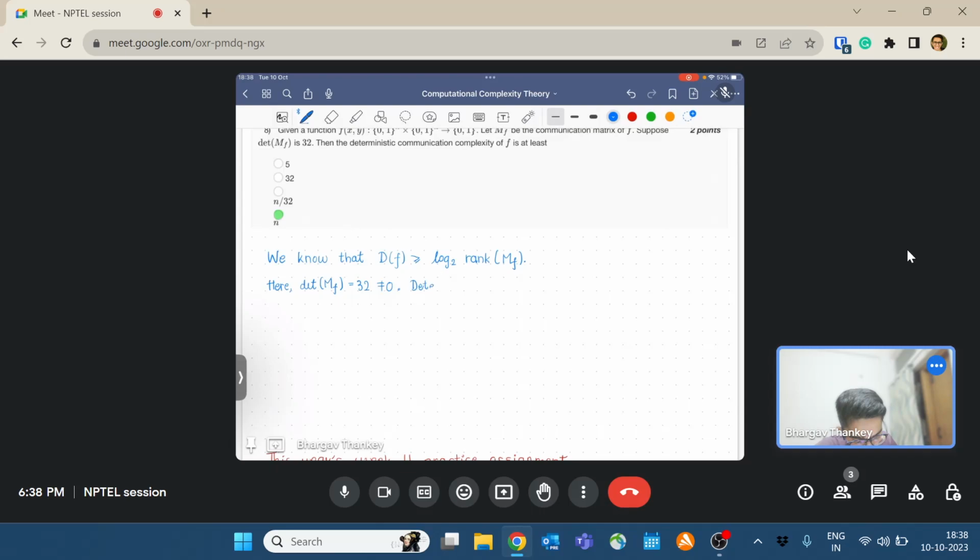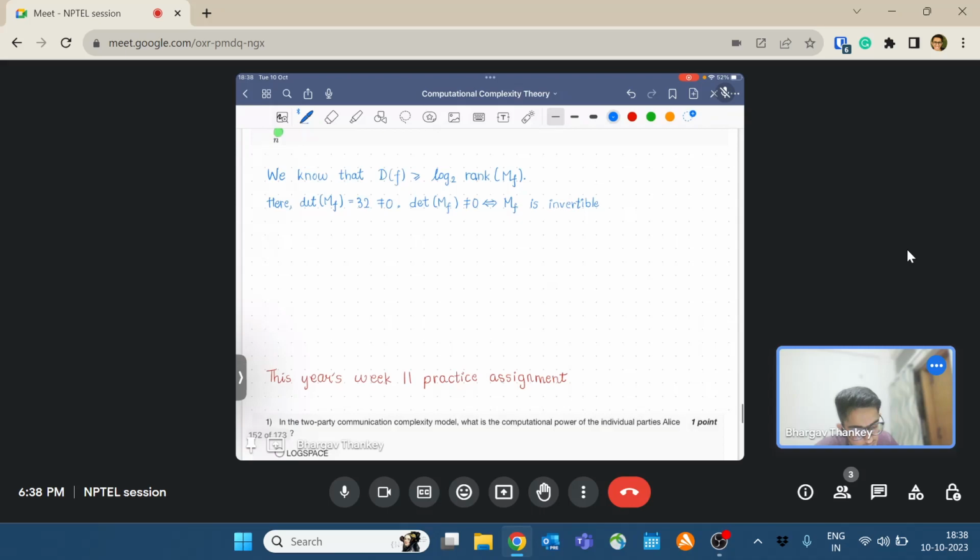The determinant of Mf is non-zero if and only if Mf is invertible, and Mf is invertible if and only if all of its rows are linearly independent and all of its columns are linearly independent, which means that Mf is invertible if and only if Mf is a full rank matrix. That is, the rank of Mf is equal to the number of its rows or the number of its columns.